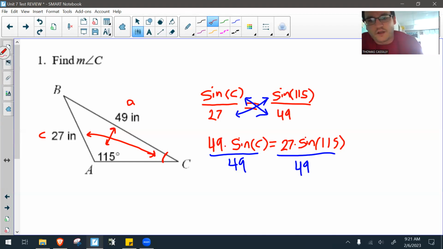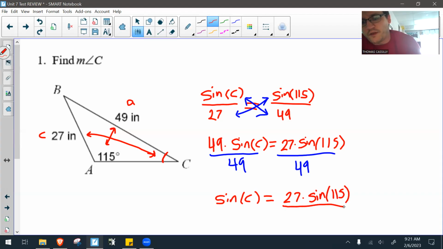Then we're going to end up with the sine of angle C equal to 27 times the sine of 115, and then we divide that whole thing by 49.